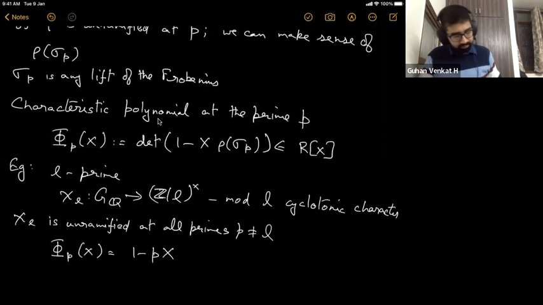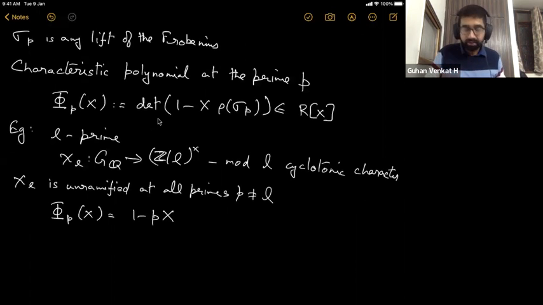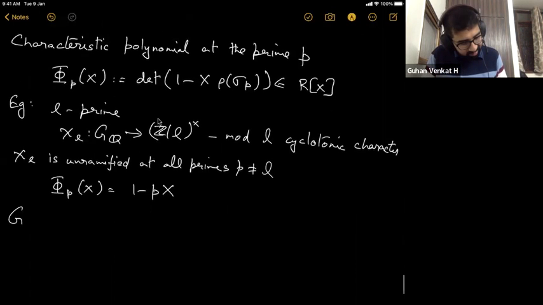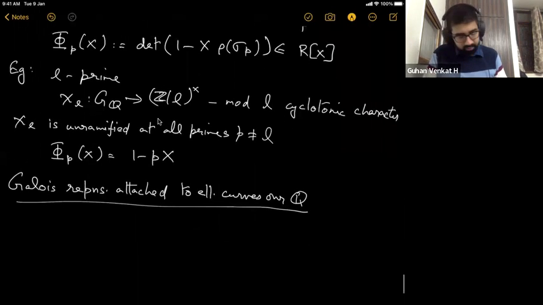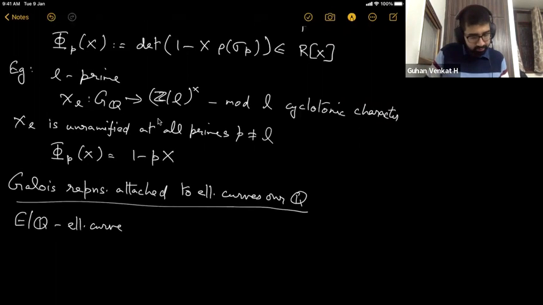And of course, the main theorem for this talk is to characterize the Galois representations attached to elliptic curves over Q. So E over Q is an elliptic curve as before. Associated to the elliptic curve, we also have what is called the conductor.